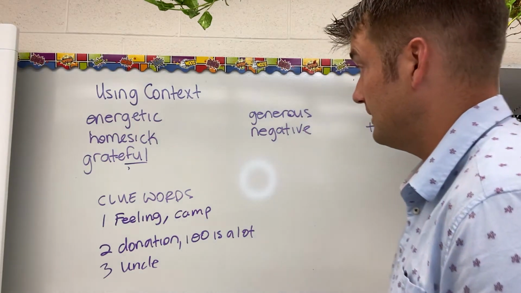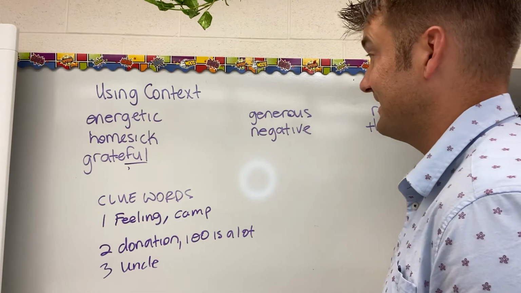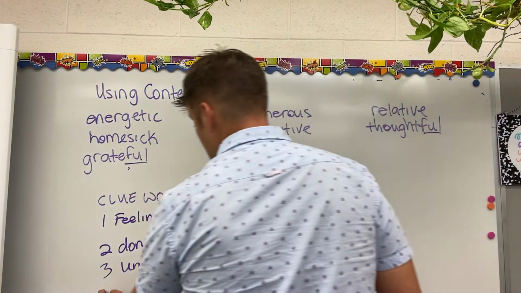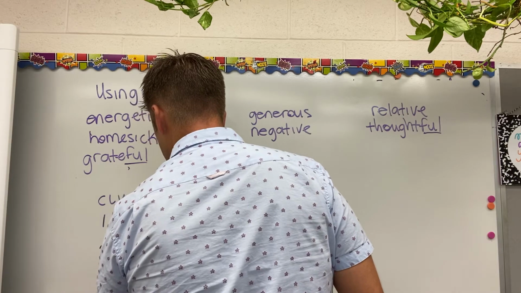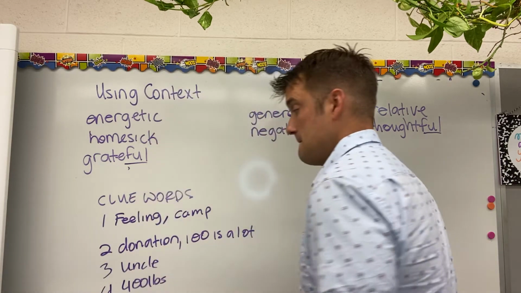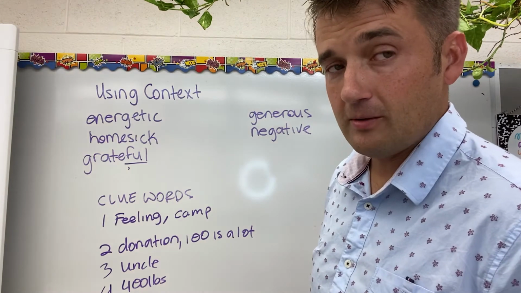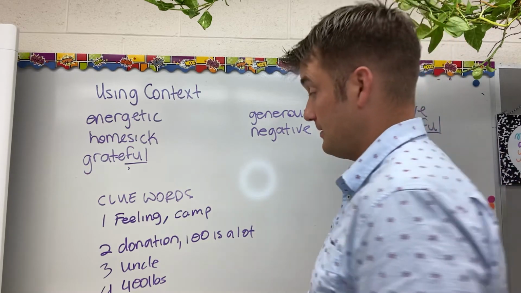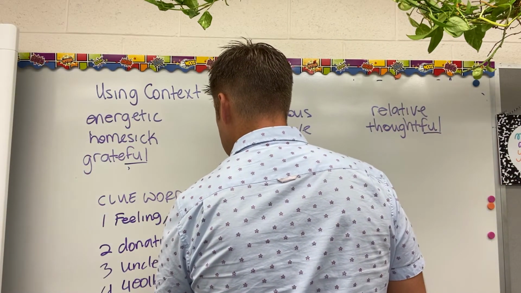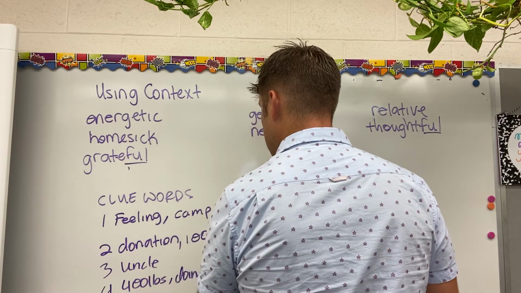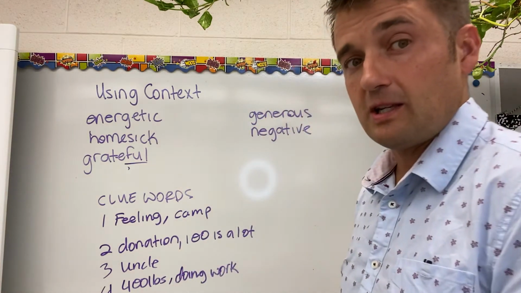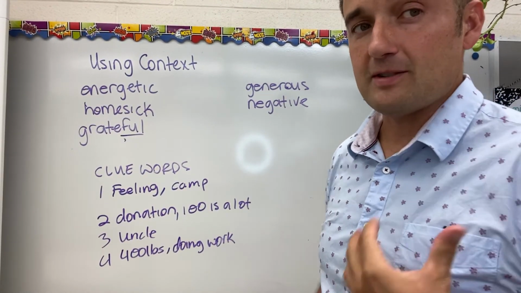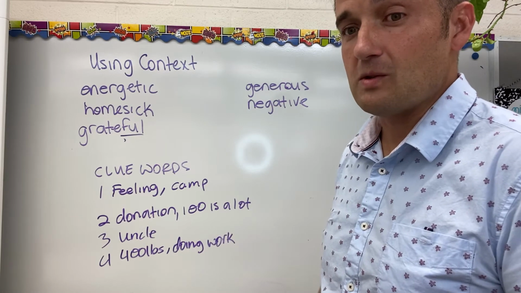Number 4, a camel must be very blank to carry 400 pounds of books. Okay. 400 pounds of books is a clue. I don't think that a camel could be tired, right? That's heavy. He's doing work. So this particular camel needs to be, he needs to have some kind of thing going on with him that allows him to do some work.